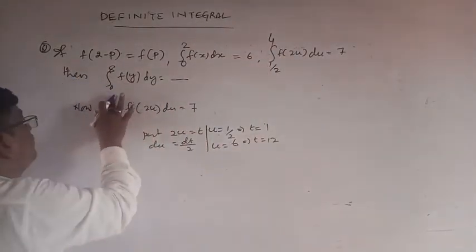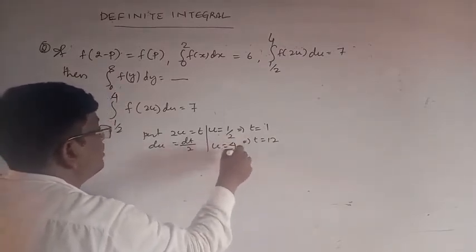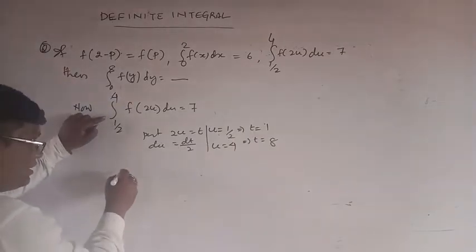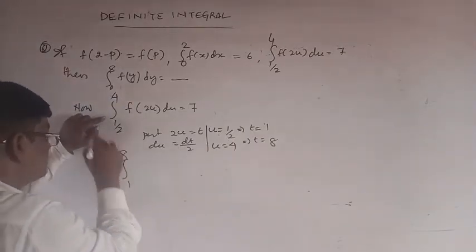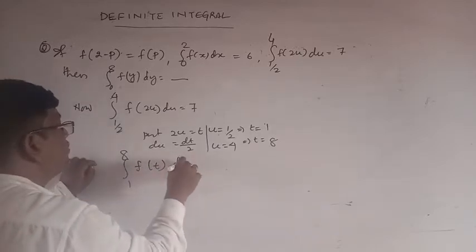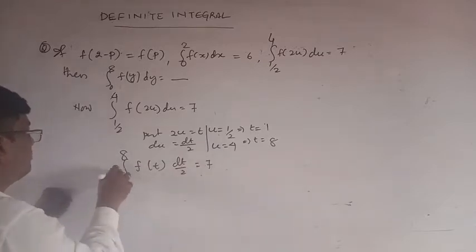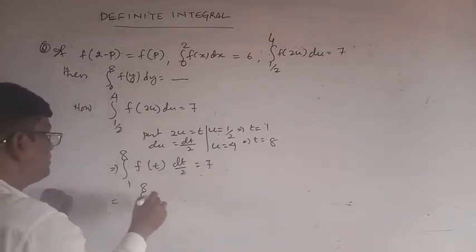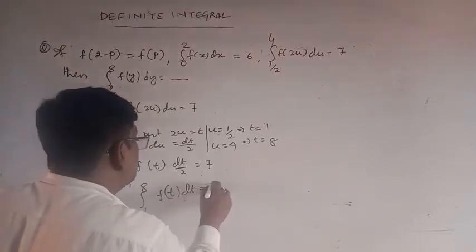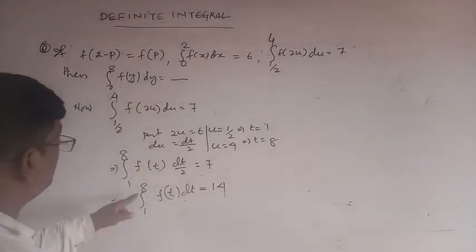So if u equals 4, then t is equal to 8. Now this is the integral from 1 to 8 of f of t dt by 2, equal to 7. That implies the integral from 1 to 8 of f of t dt is equal to 14.